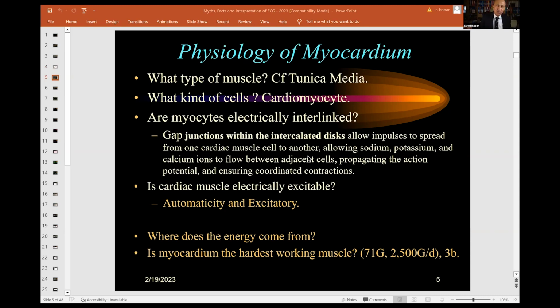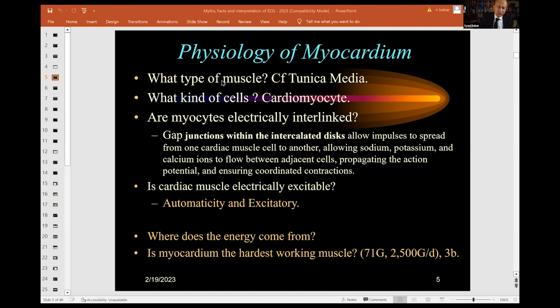So, what does the heart muscle consist of? What is it? So, the cardiac myocyte is behaviorally an involuntary muscle fiber with many of the characters of skeletal muscle fibers.